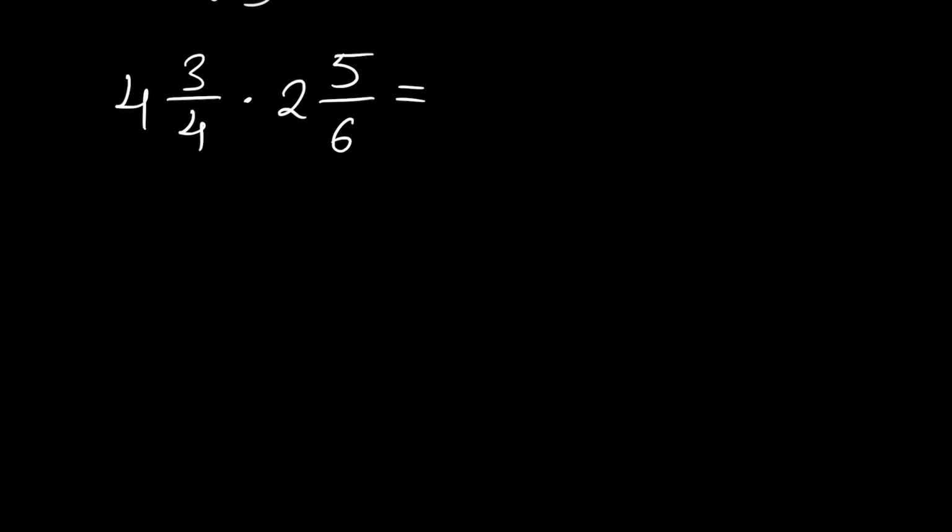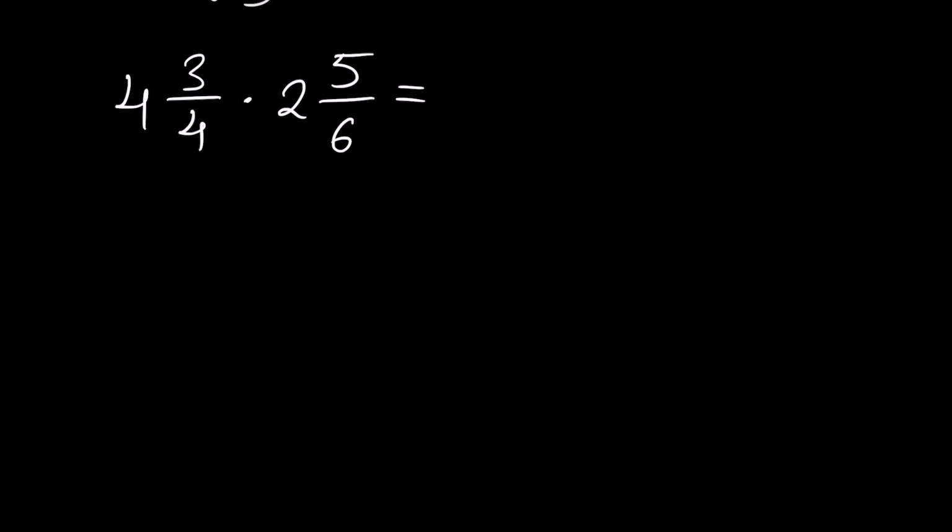First, we transform our mixed numbers into improper fractions. Then we perform cancellation, and before we multiply numerator by numerator and denominator by denominator. So let's again transform our mixed number into improper fraction.